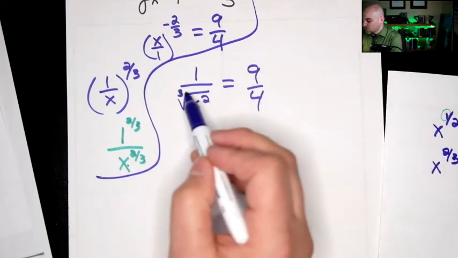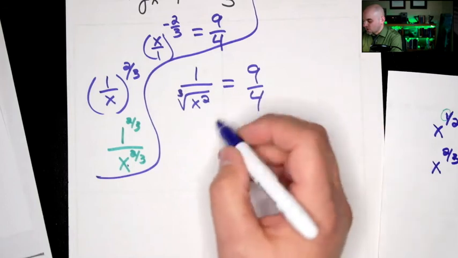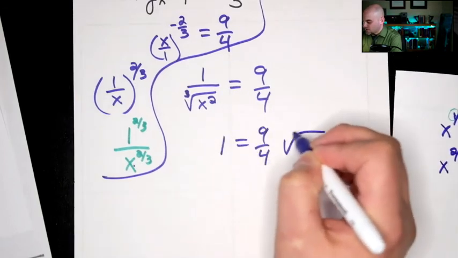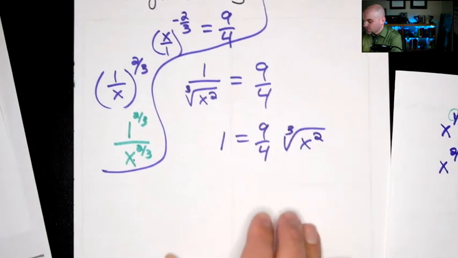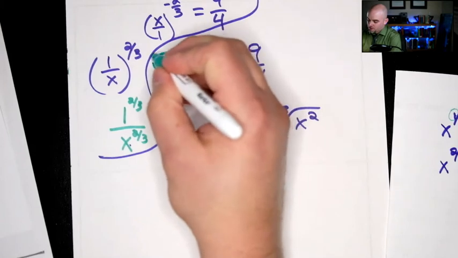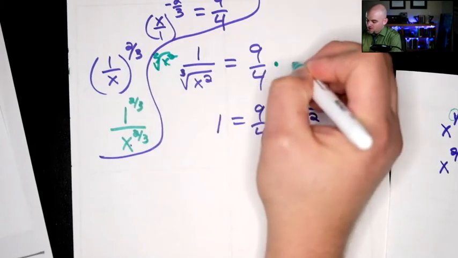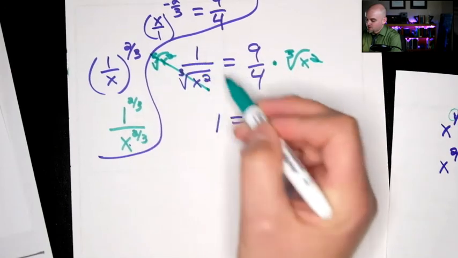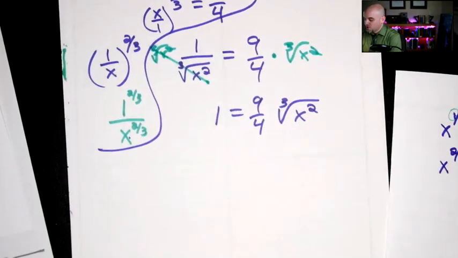Now, if I multiply both sides by the cubic root of x squared, I get 1 equals 9/4 times the cubic root of x squared. That's just multiplying both sides here. Cubic root of x squared times cubic root of x squared, these cancel. You're left with 1 equals this right here.